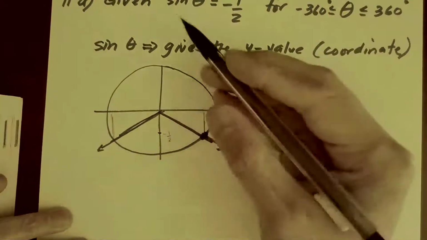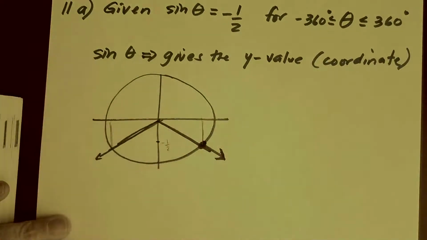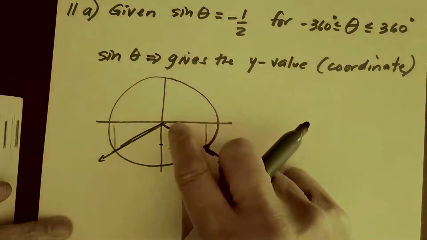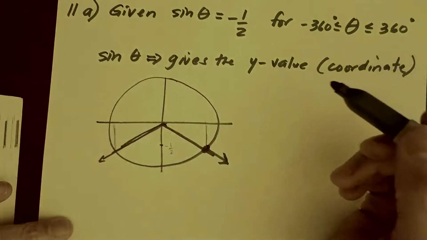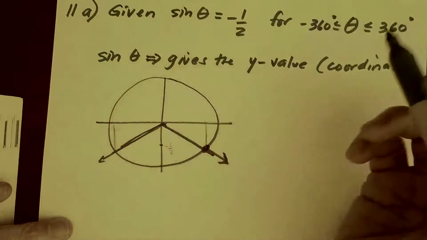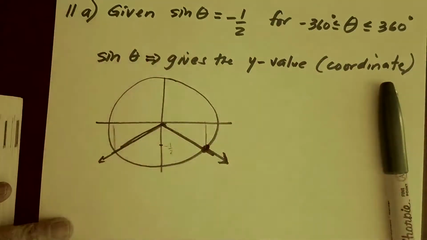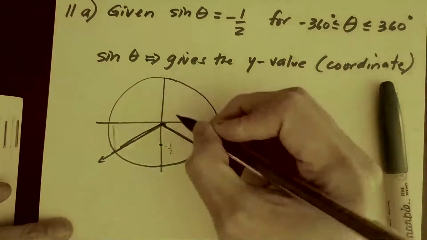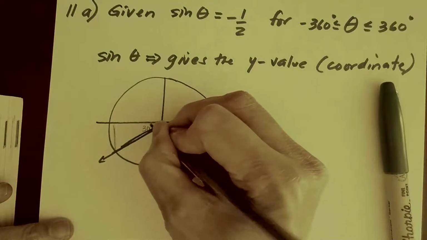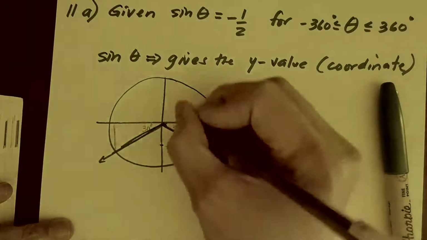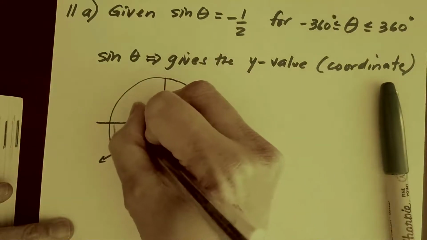Well, sine of -1/2 is actually a special angle. This is going to be a special reference angle in here. So what is that special reference angle? That's going to give us 30 degrees, a 30-degree angle, the reference angle.